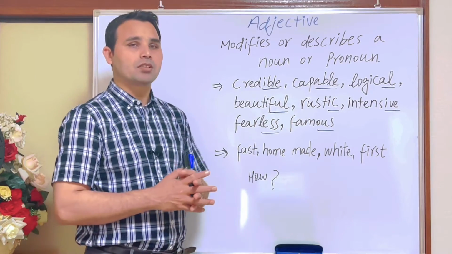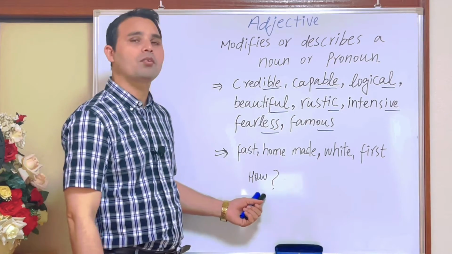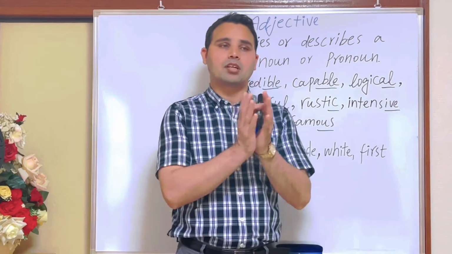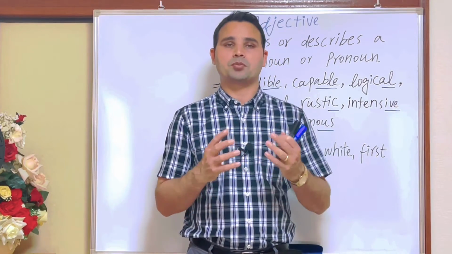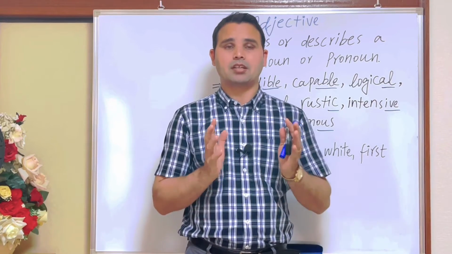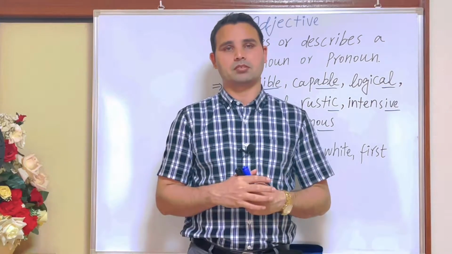And mostly the adjectives give you the answer to the question how, that is, how a noun or pronoun behaves or looks. So there are 8 major kinds of adjectives, and we are going to learn them one by one.